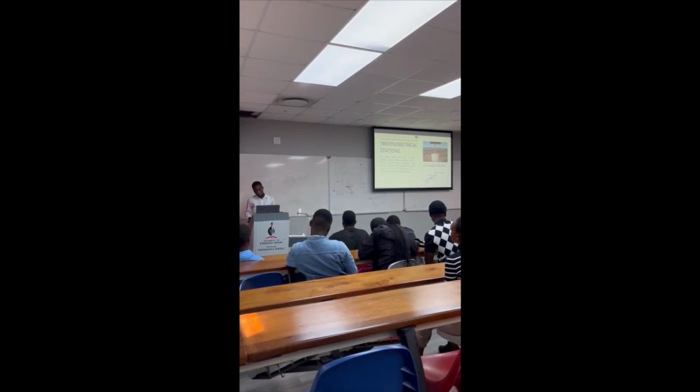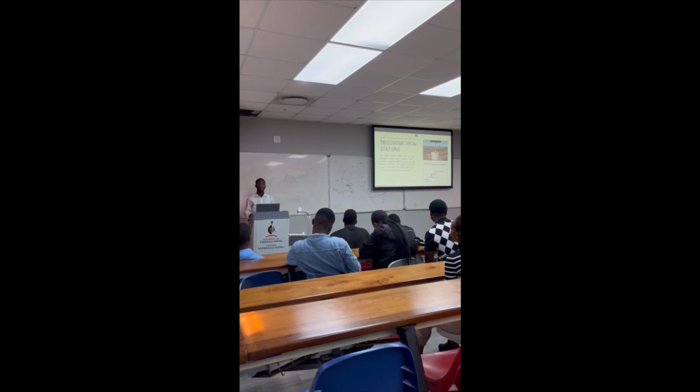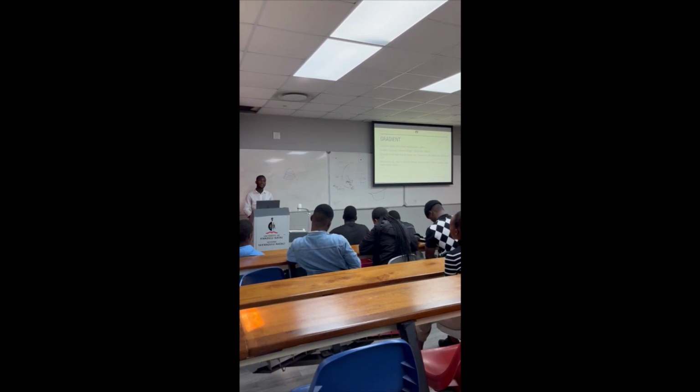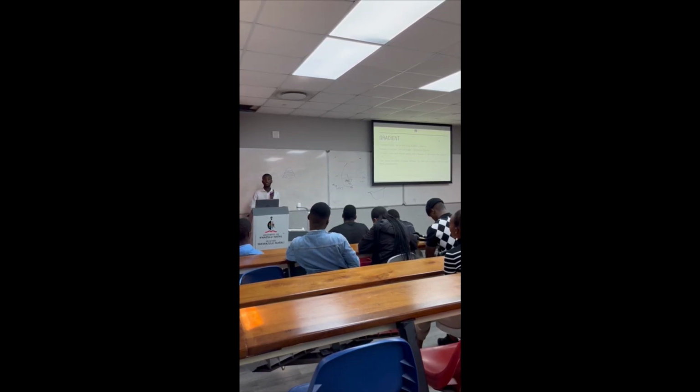Okay, let us continue. Now we are looking at the gradient. The gradient simply tells us how steep or gentle a slope is. The formula for a gradient is the vertical height divided by the horizontal distance.